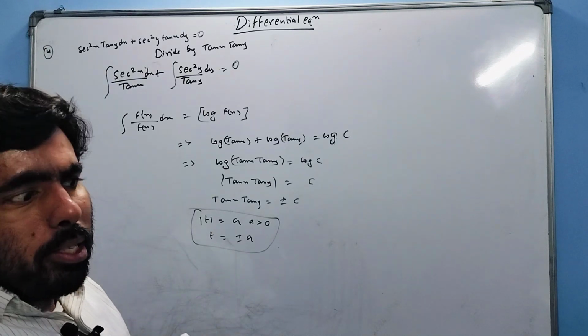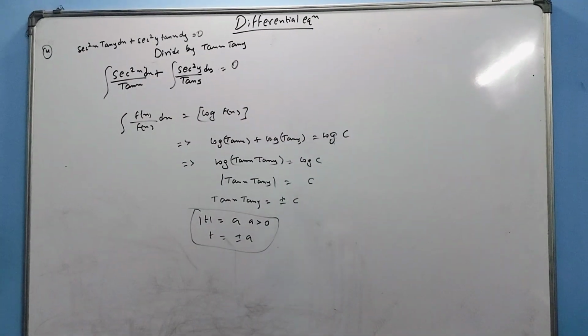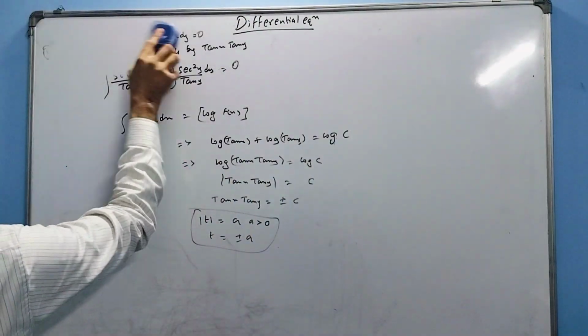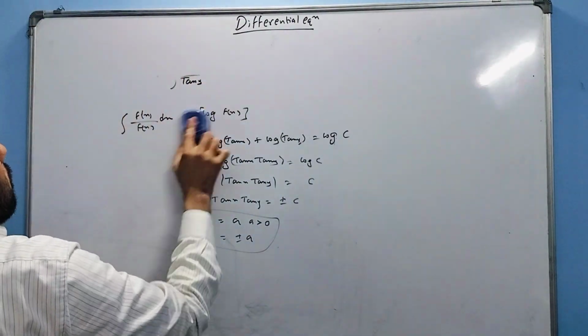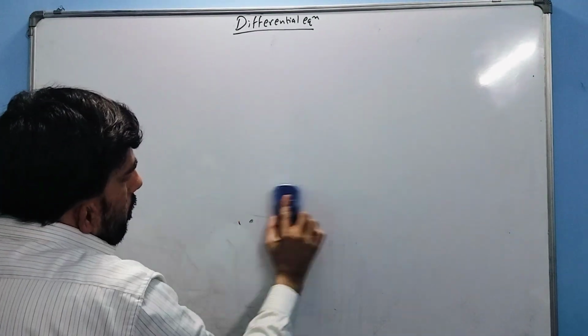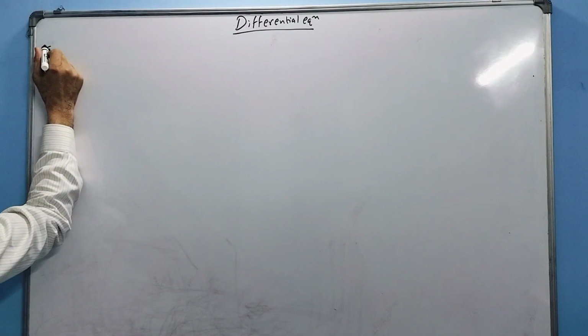Now let us try to solve the next question. Now let us try to solve the fifth question. We have just solved this, a method we can say to find the general solution of the given differential equation. Now we'll try to solve the fifth question.